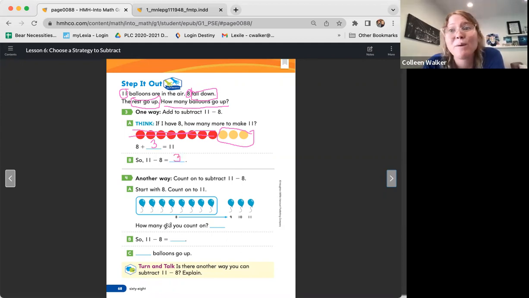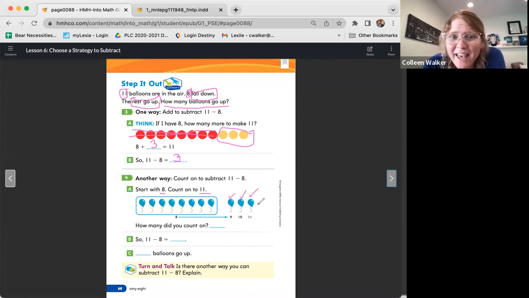Okay, let's try one more way. It says another way. Count on to subtract 11 minus 8. All right, so we're going to start with 8 and we're going to count on to 11. So there's 8. Okay, what comes after 8? 9, 10, 11.